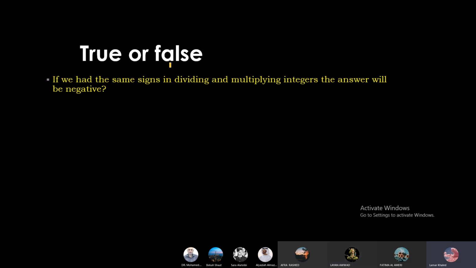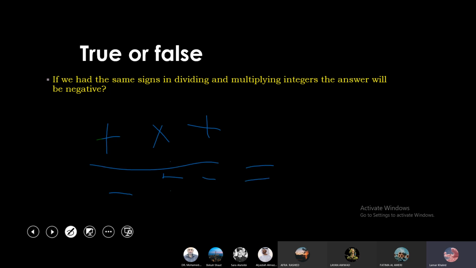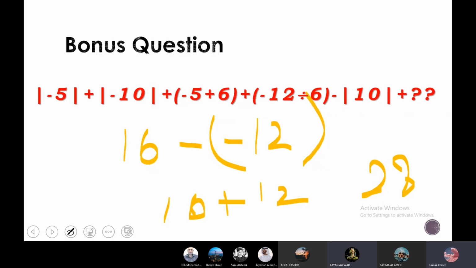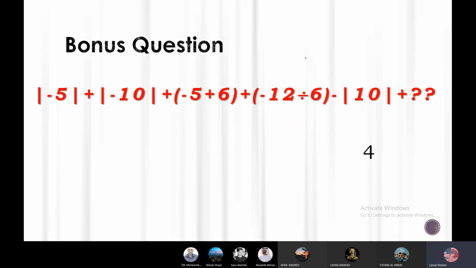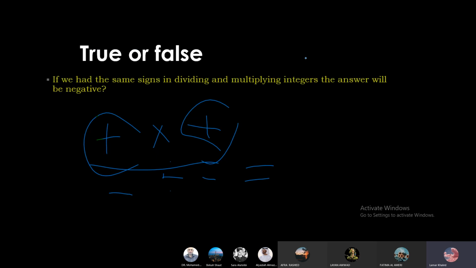If we have the same signs, for example positive times positive, or negative divided by negative, the answer will be positive. Same signs give a positive answer. So it is not negative. True or false? False.